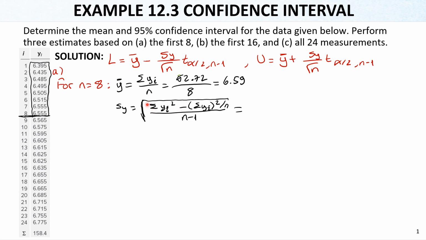Of course, for this we need to have the square of all of these, then sum them, and the result becomes 347.4814, minus the total summation here, which is 52.72, and its square divided by n, which is 8, and divided by n minus 1, meaning 7, and the square root of this.